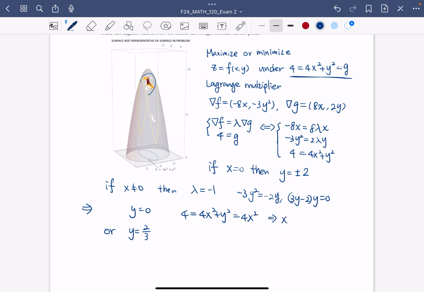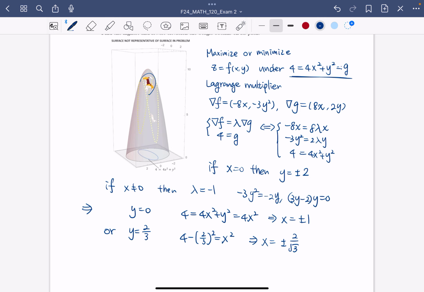Then x is either positive or negative 1. Then for the next case, we compute by the third equation. We get x is either positive or negative 2/√3.